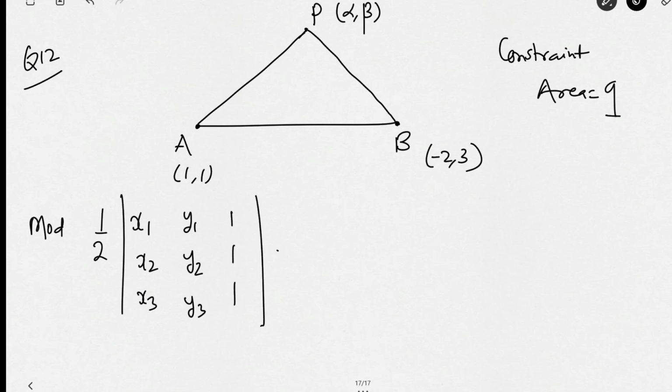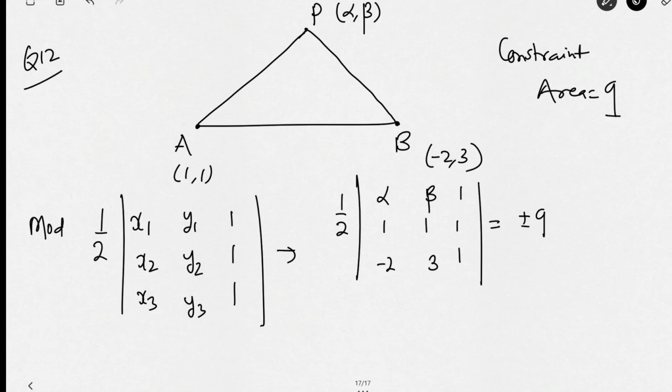This is the formula. All right, so this becomes 1 by 2, alpha 1 negative 2, beta 1 3, 1 1 1 equals what? Plus minus 9, right? Or you can say mod of this is 9.